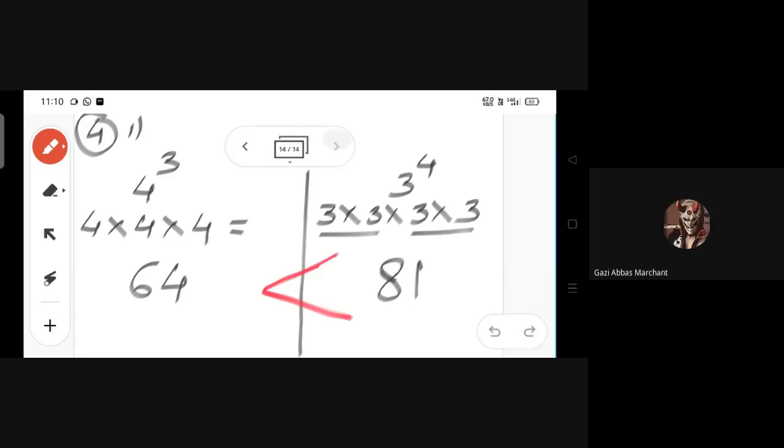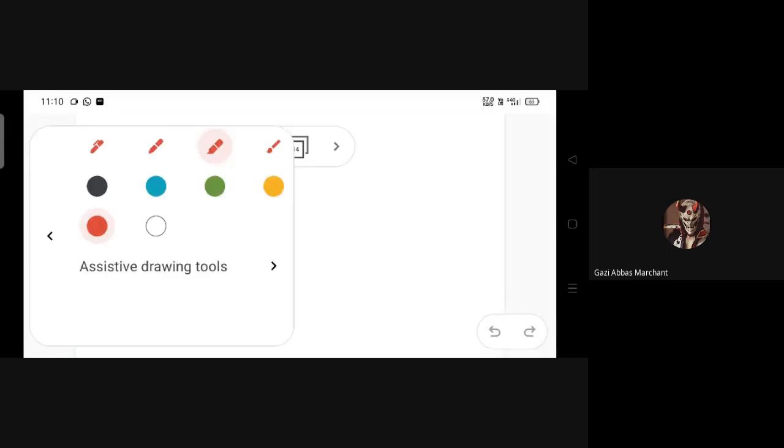Okay. Can you try the second question? 5 to power 3 or 3 to power 5. Tell me which one is greater.